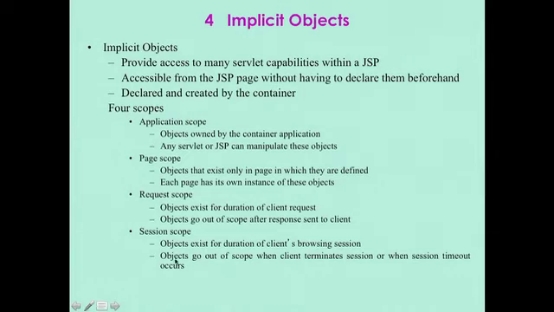So we have 4 scopes here. It's not very necessary to understand all the details. You have here the definitions and the specifications, but just keep in mind for the moment that these objects don't remain the same period of time every time. It depends on the programmer and his or her needs.